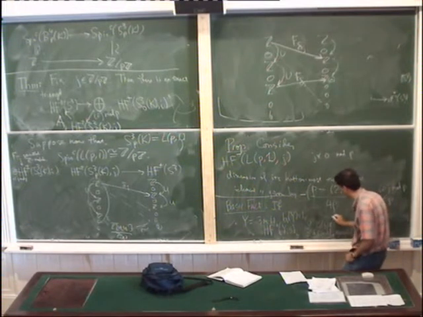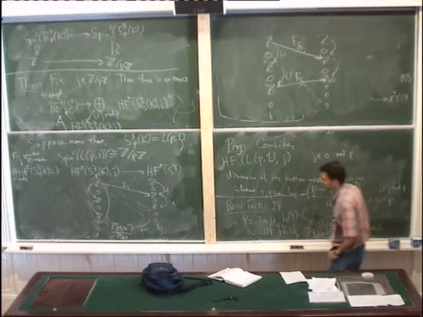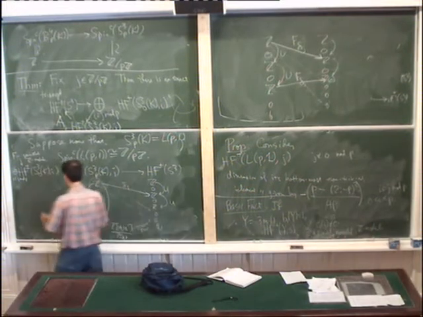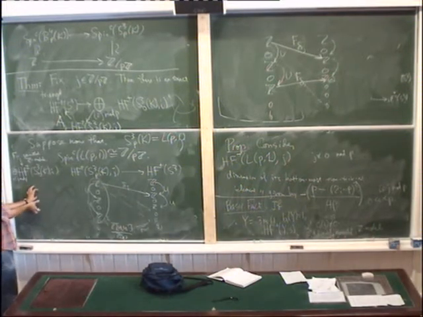This is non-zero over the rationals. So this is a finitely generated module.